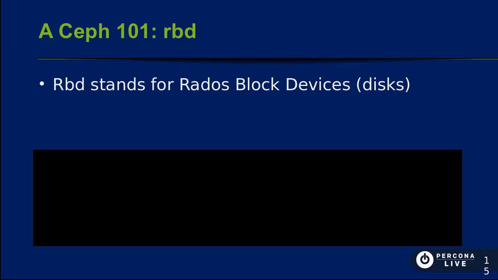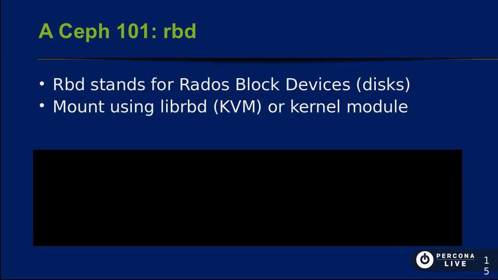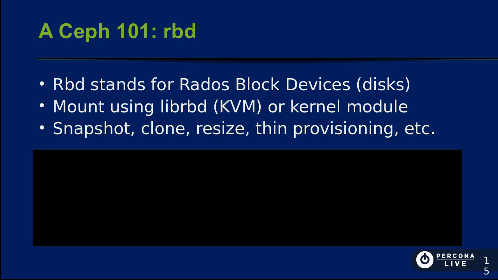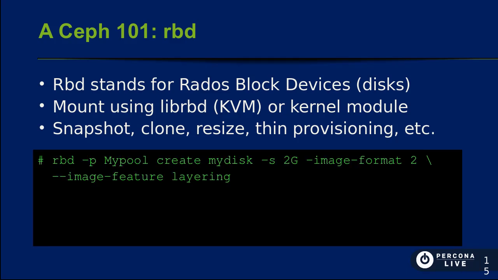RBD, that's for the disk. So Rados block device, mounting using libRBD or the kernel module. It can support snapshot, clone, resize, thin provisioning, and all that, which is very cool. So you create a disk with the RBD command line. Again, in my pool, create a disk of, let's say, 2 gig.